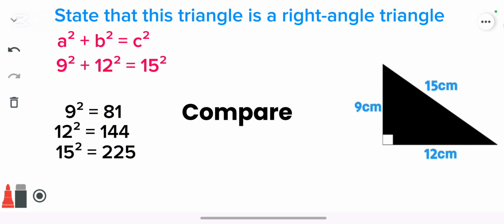When you're trying to compare, make sure you understand these points here. According to the formula, we have a squared plus b squared is equals to c squared.